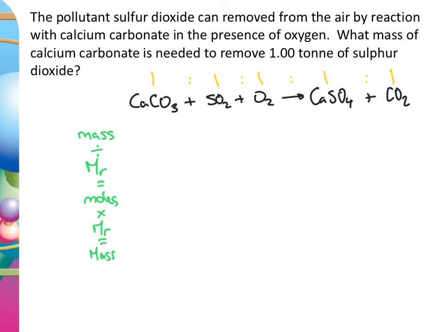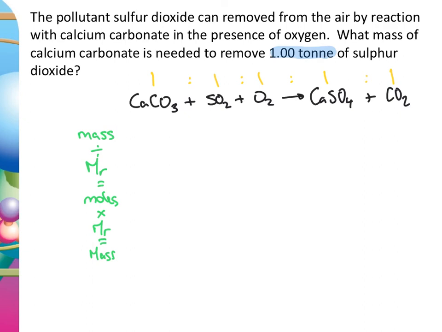Okay, so hopefully that's what you got. Have to pay attention to the information again. This time they give the mass to us in tonnes. So 1 tonne is 1,000 kilograms, and we know that a kilogram is 1,000 grams. So we are actually starting with 1 million grams of sulfur dioxide. So I'm going to write that in standard form just to make life a little easier.